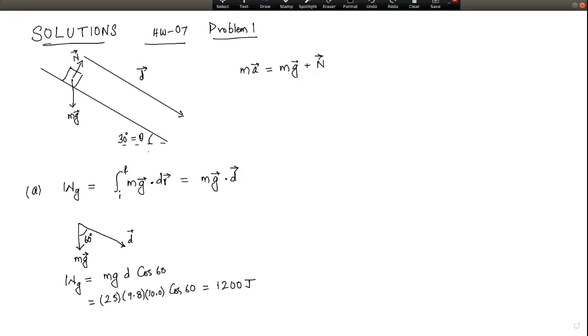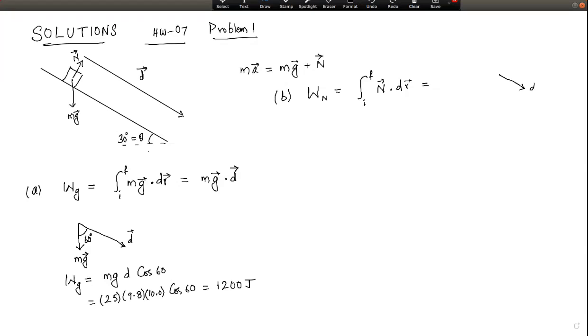Coming to part B, determine the work done by the normal force. Work done by the normal force is the same idea. We go from initial to final along the incline, that's the path. And instead of the gravitational force, we use the normal force dotted with dr. But the normal force is perpendicular to the direction of motion.